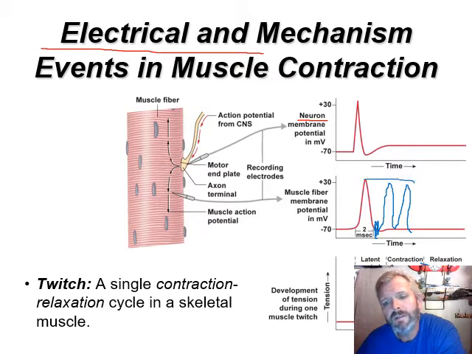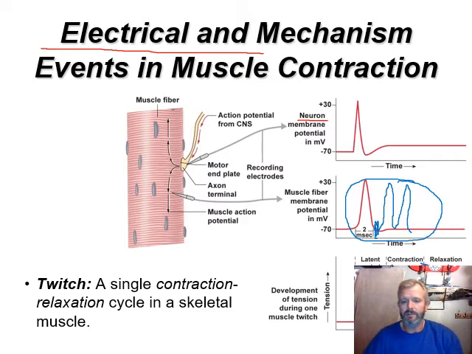And what am I doing every time I do that action potential? Every time I do that action potential, I'm opening up those calcium channels. So if I keep opening up these channels, letting more and more calcium out before I can even start relaxing, start pumping back in, what's going to happen to my calcium levels in the cytoplasm of my muscle?